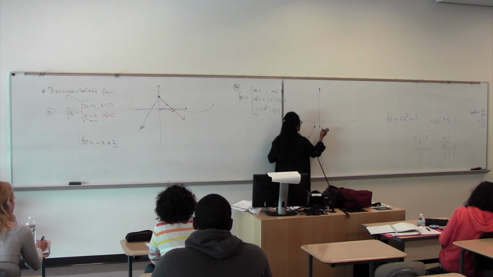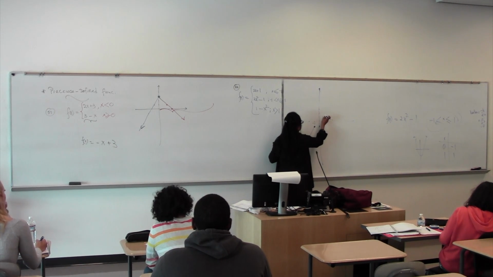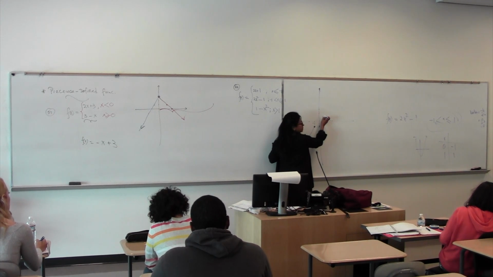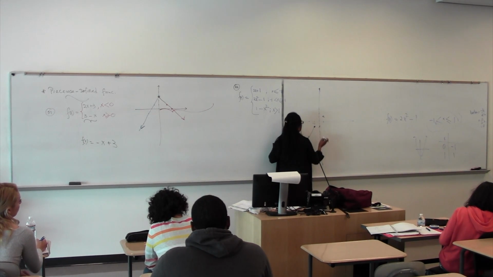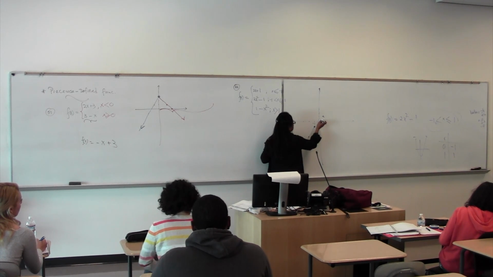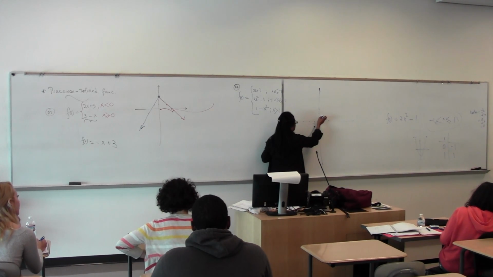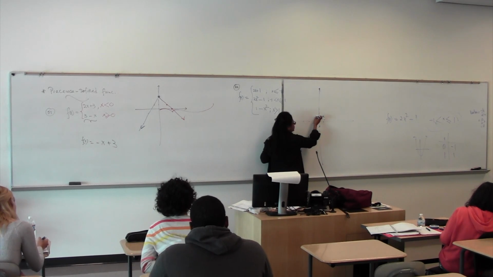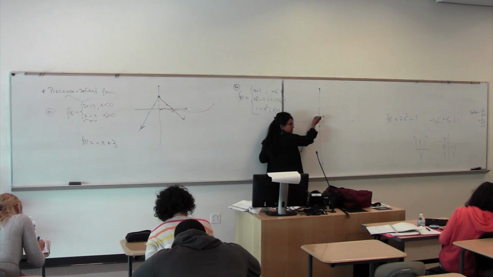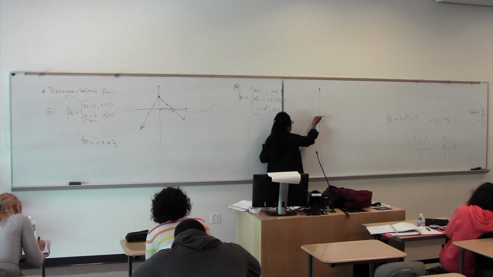The graph is going through the vertex and through 1, 1. Where else is the graph going through? This is the axis of symmetry, so the graph should go through here as well, correct? -1, 1. The graph is going through here too.